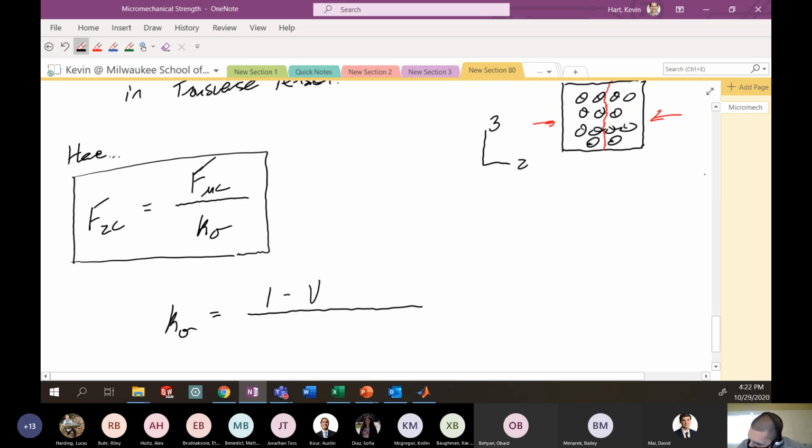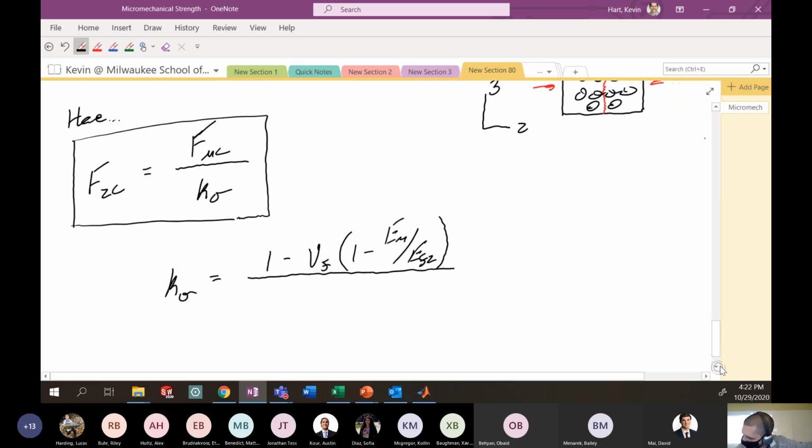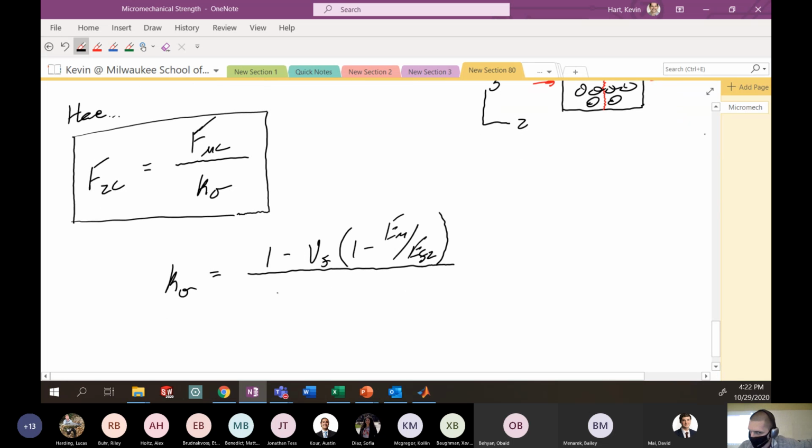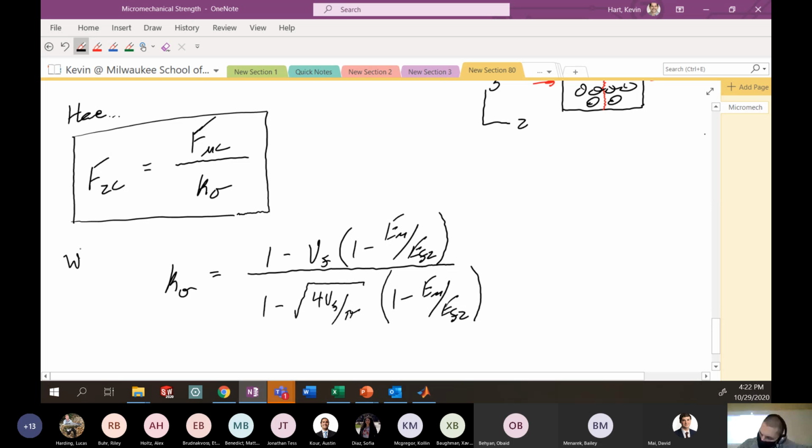Here we're going to use 1 minus, this is the same one that we did in transverse tension, 1 minus EM on EF2, again because we're in this 2 direction. 1 minus the square root of 4VF on pi, multiplied by the quantity 1 minus EM on EF2. And this is your stress concentration factor.